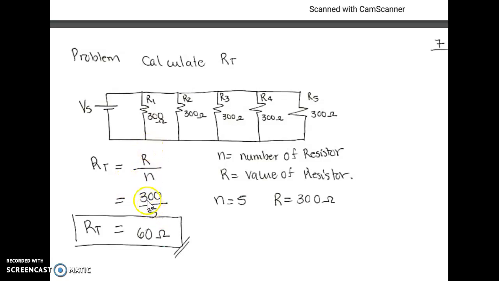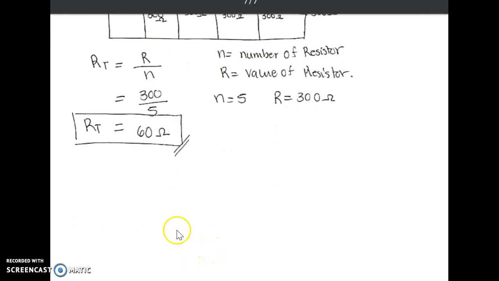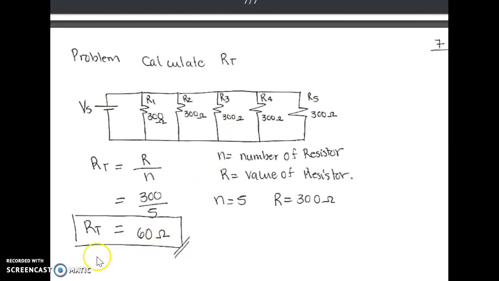In this case, the value of the resistor is 300, and the number of branches we have is 5. So the R total is 60 ohms. Pretty sweet, right? And that concludes our practice examples and problems for chapter 5.